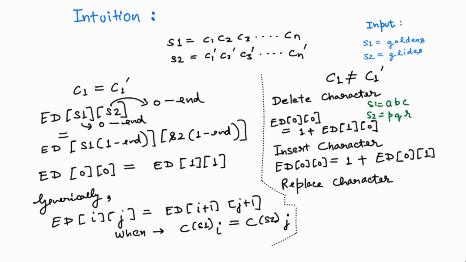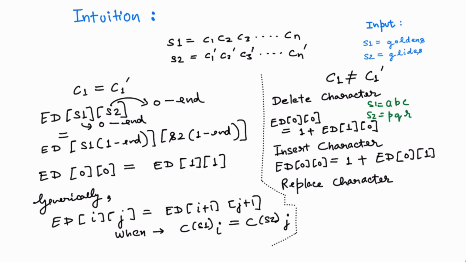So we just replace this A by P. After this replacement, the first characters are matching. Now what part remains? This and this. What are these mathematically? String 1 from index 1 till the end, string 2 from index 1 till the end.